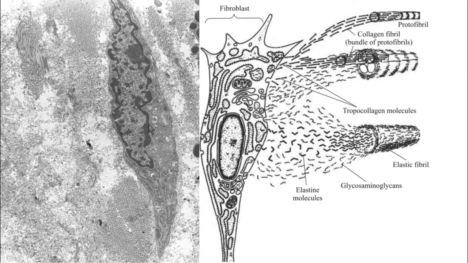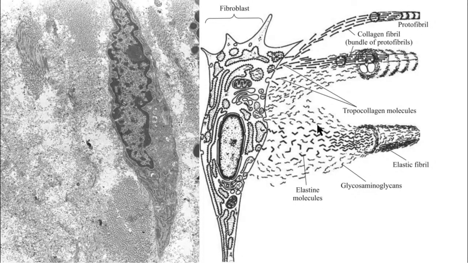The nucleus has a lot of nuclear pores, and also very well visible heterochromatin, nucleolus, euchromatin, and a very well developed component of membranous organelles, especially rough and smooth endoplasmic reticulum. And in this schematic diagram it is visible how a fibroblast can change shape and also synthesize different types of collagen fibers.